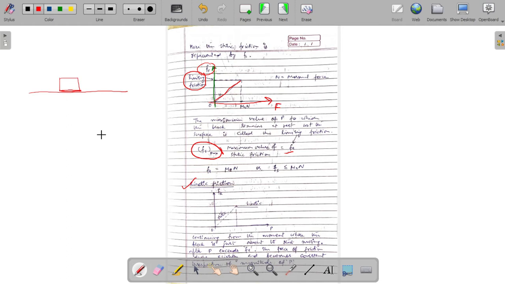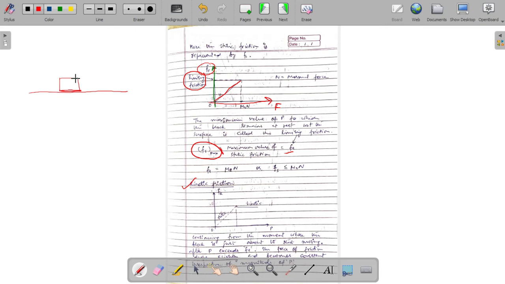If I were to define kinetic friction, it is that force of friction when the surfaces in contact are having relative motion, sliding relative to each other, and the force of friction acts in a way to prevent that relative motion. So that is what kinetic friction is.